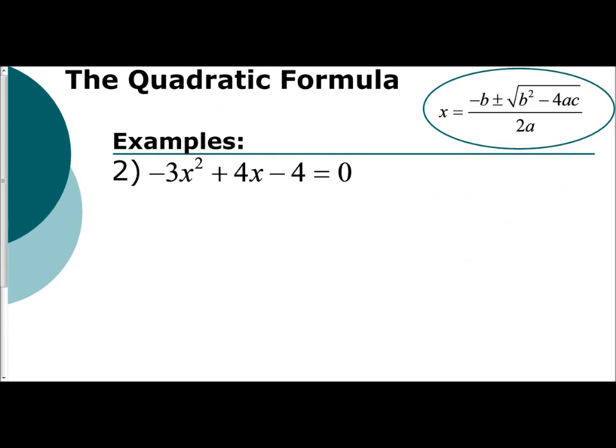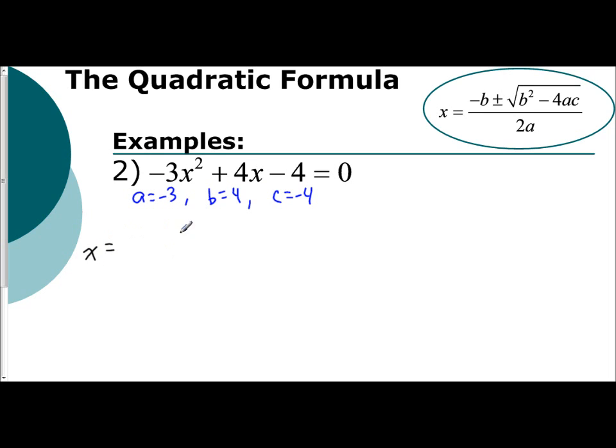Example 2, we have negative 3x squared plus 4x minus 4 equals 0. And so we're going to identify our a, which here is negative 3, our b, which is 4, and our c, which is negative 4. And we're going to plug this directly in the quadratic formula.